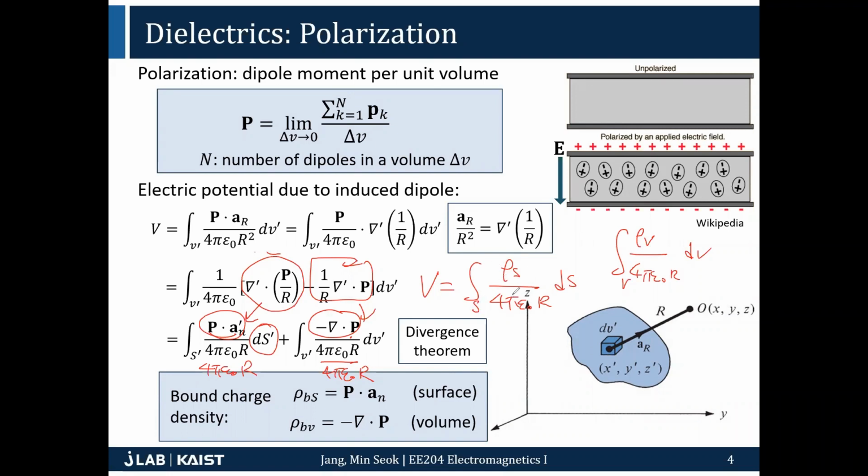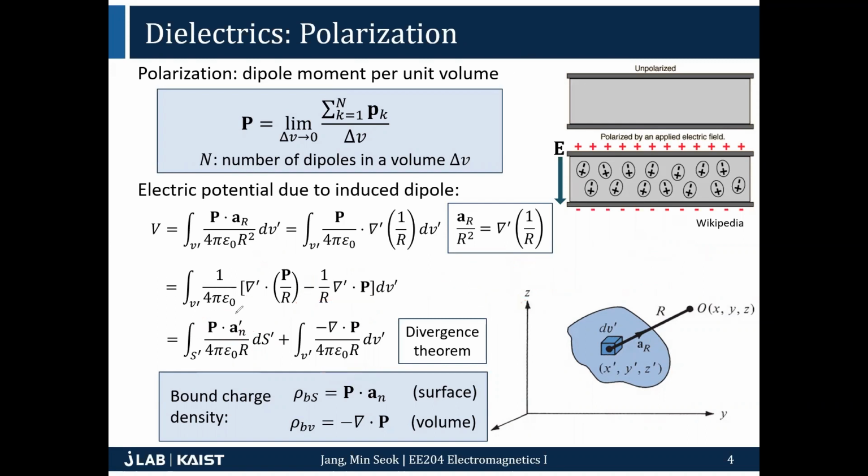So this is how you evaluate your potential from a surface charge distribution and a volume charge distribution. So you can interpret this term as your surface charge, and you can interpret this term as your volume charge, right?